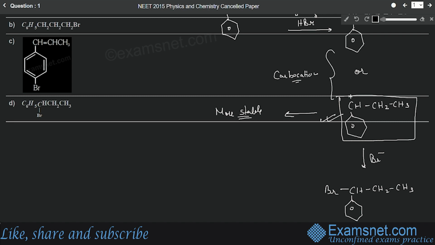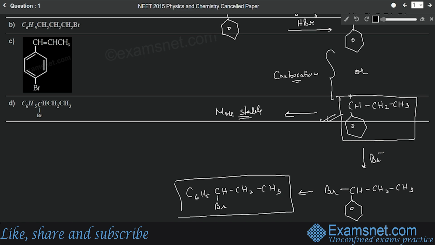If we write C6H5 in place of benzyl, it will be C6H5C, and then here bromine is attached, H is also there, then CH2, then CH3. This is the final product. Let's see which option has this. In the last option, option D, you can see this is the same structure. So option D is the correct answer.